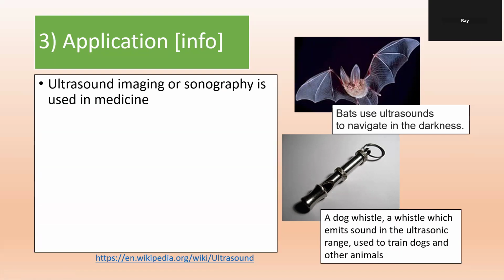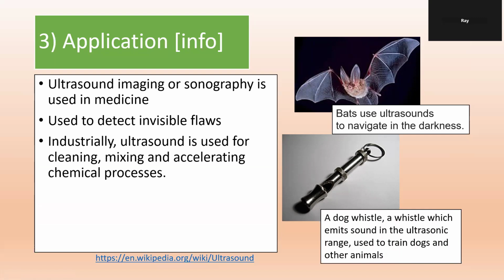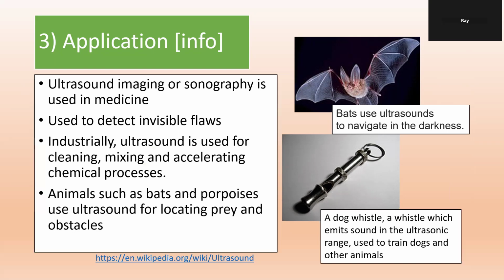Ultrasound imaging or sonography is used in medicine, used to detect invisible flaws. In industry, ultrasound is used for cleaning, mixing, and accelerating chemical processes. Animals such as bats and porpoises use ultrasound for locating prey.